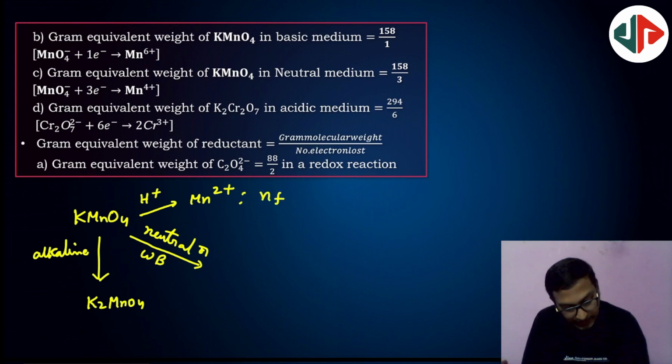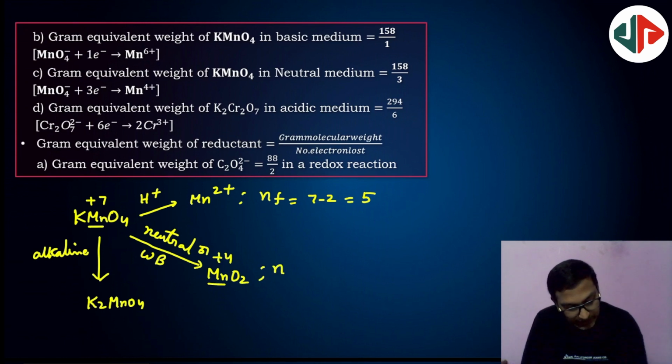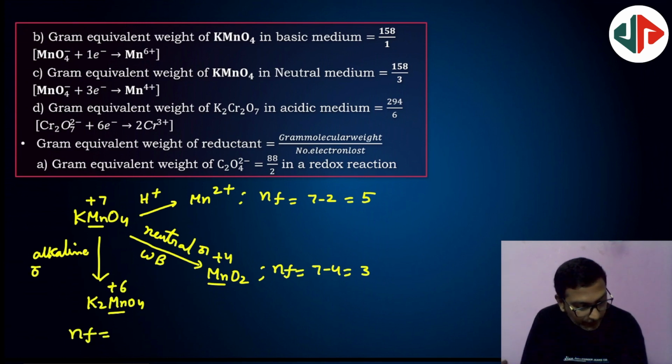In acidic medium it changes to Mn2+. Therefore here n factor: Mn oxidation state +7 and +2, so 7 minus 2, 5. 5 is n factor in acidic medium. Neutral or weakly basic medium, it changes to MnO2. Here Mn state is +4. So n factor is 7 minus 4, 3. Next, Mn state +6 in strongly basic or alkaline solution, 7 minus 6, 1.